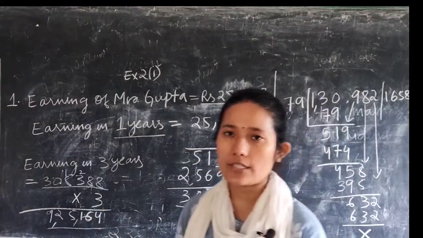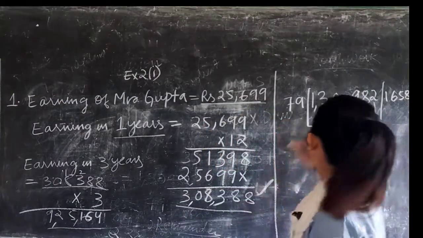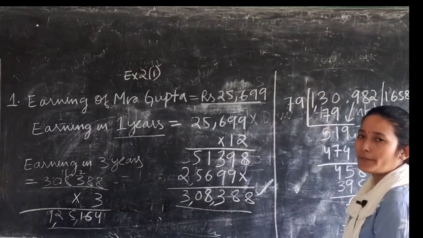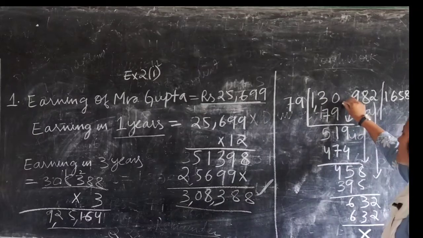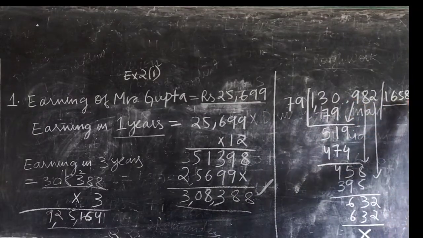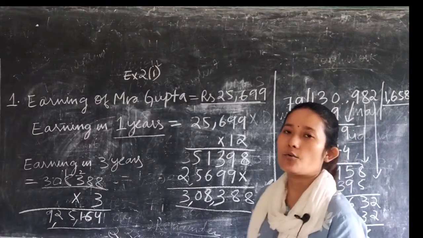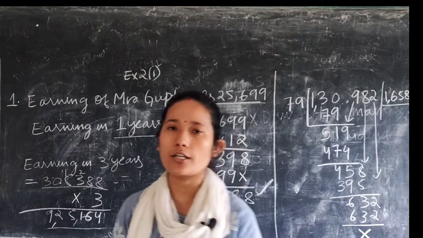So, how will you find the answer? You will divide the total number of books by the total number of libraries, 79, and then each library would get 1658 books. So, you have to conduct division.